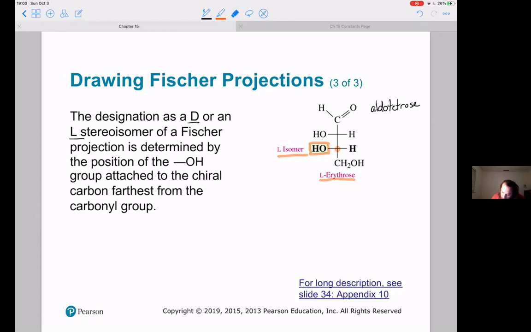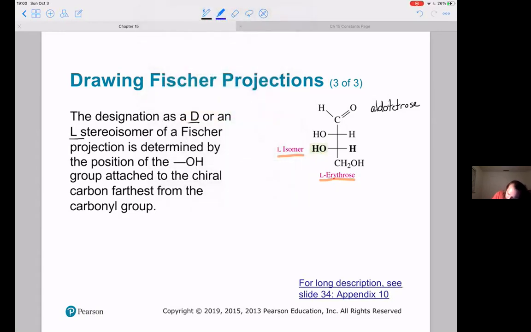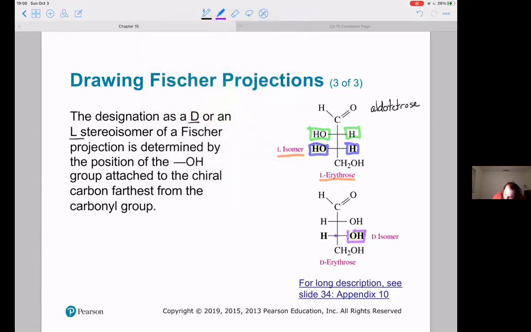So in this case, these two groups are going to be swapped, and these two groups are going to be swapped to produce our mirror image. So D erythrose would look like this. And again, we can spot it as the D isomer because now that OH group on that last chiral carbon is on the right.